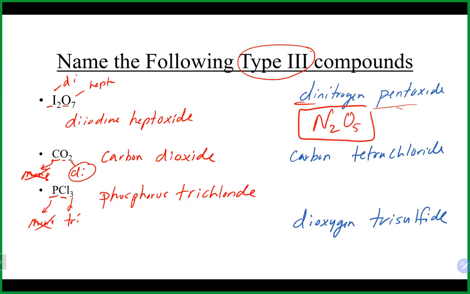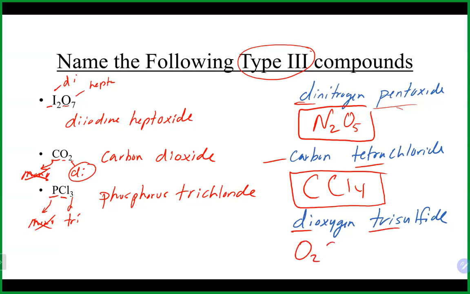Here, carbon, no prefix. But I do see tetra, which is a prefix, and carbon with no prefix means I just have 1. And tetra is 4, so a little Cl4 action there. And now we have the formula for that guy. And lastly, di, which is 2, tri, which is 3. So O2S3 in this case. Any questions on that there?